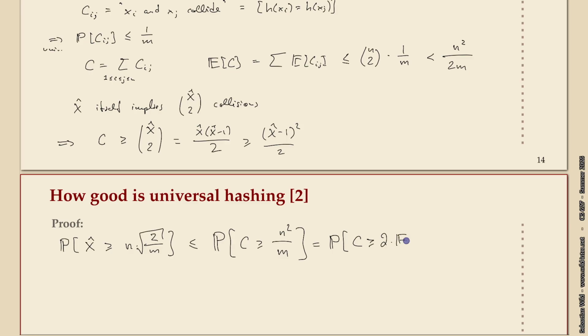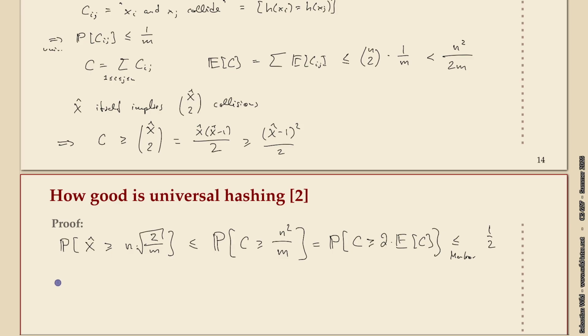In this case, that's precisely 2 times the expected value. And so that's by Markov inequality at most 1/2. So the probability that this exceeds roughly the square root of this is 1/2. And that's how you get from the number of collisions to some bound on the fullest bins.